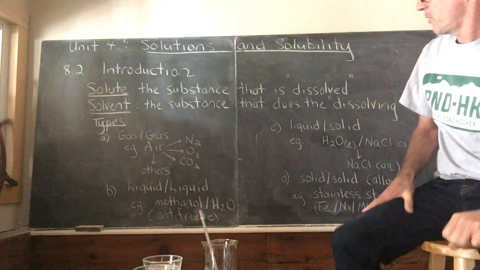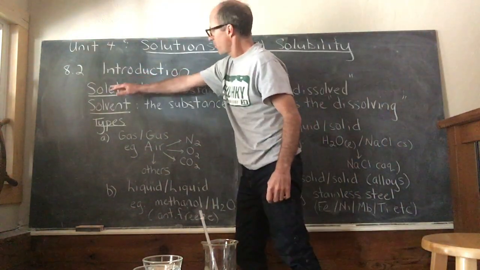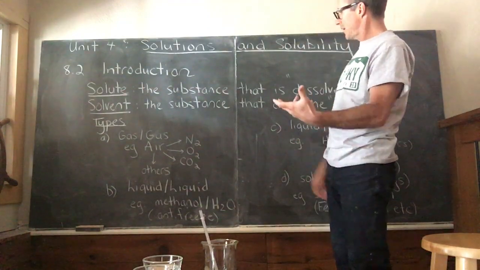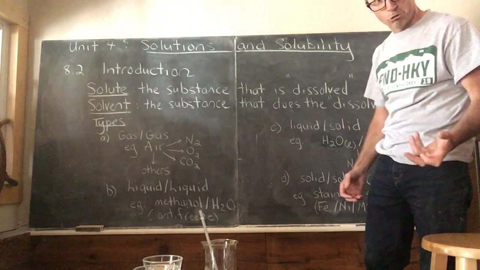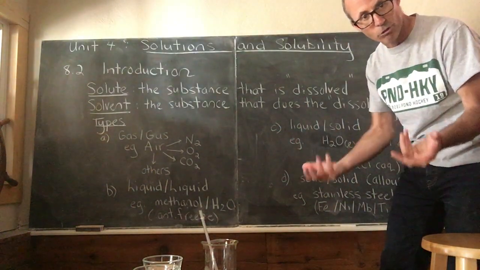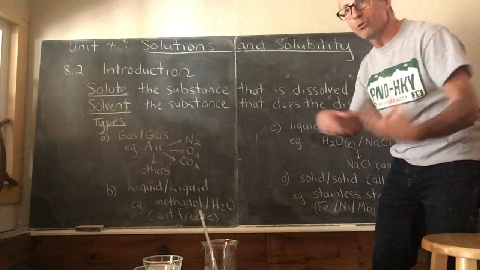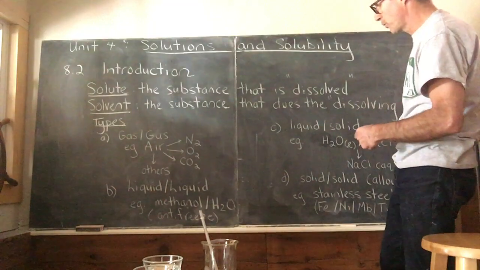Firstly, you'll remember from your elementary days maybe that a solute is the substance that gets dissolved when you prepare a solution. I think many of you made salt solutions or sugar solutions in elementary school, and you dissolved stuff together with a spoon or a stirring rod.